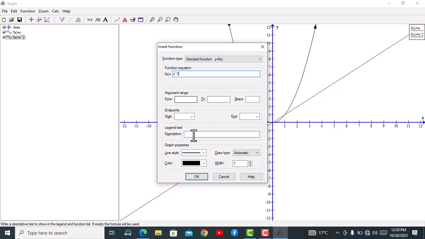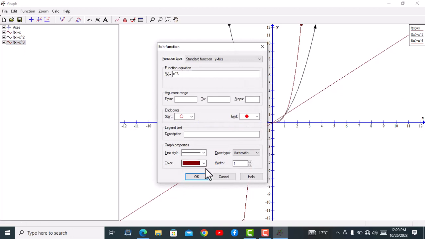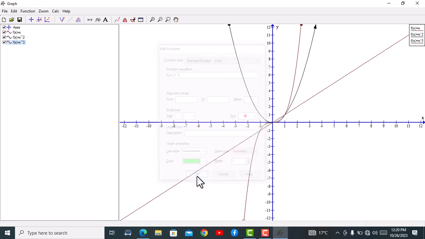I'm also not specifying the interval, but I want to use a different color, and I want to say start from this and end with that, and press OK. And there is the function that we have. The color seems to be a little bit dim, so let's use this one. Very good. So there we are, we have this function.